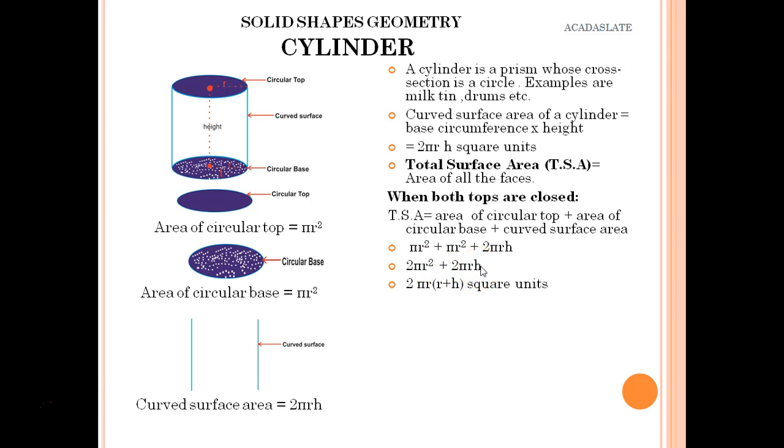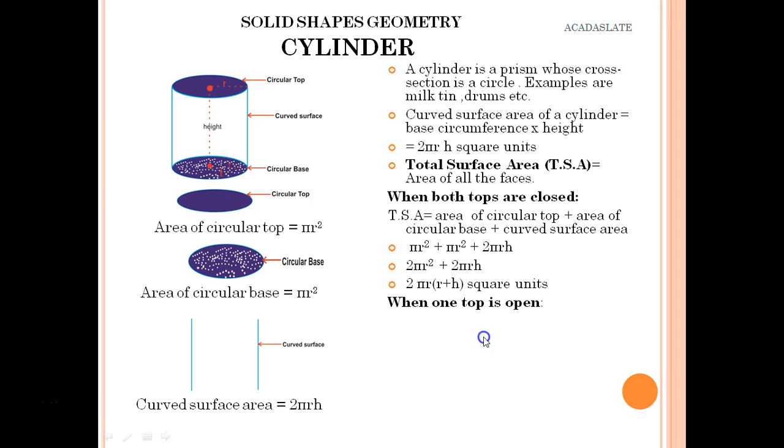Simplifying further, 2 pi r is common here, so we bring out 2 pi r, then plus the remaining r, plus the remaining h. This is what we have.